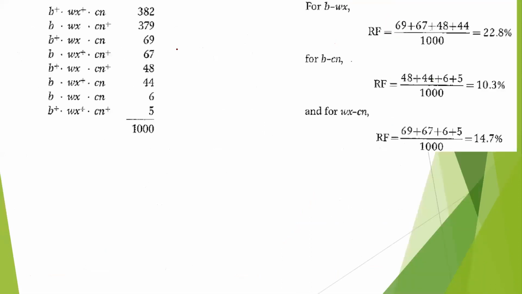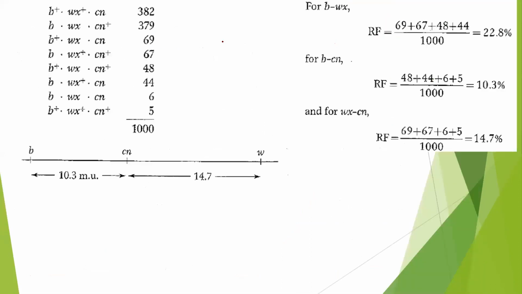All right. So now we have this draft map, and what you need to do is look at each pair of genes and calculate the genetic map. First you need to figure out for this gene pair what the recombinant categories are, and calculate the sum of the recombinant progeny divided by the total number of progeny.